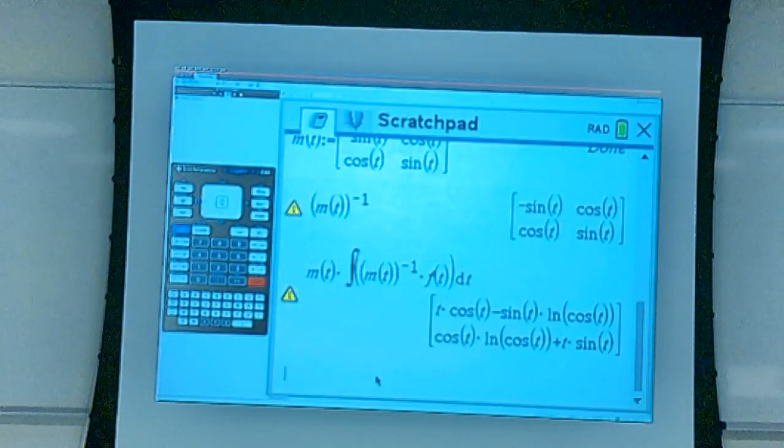There's your particular solution. And so that's how you do it in your calculator. It's very similar to what we did in Wolfram, right? Just as a calculator, so it's not going to be written out as neatly.